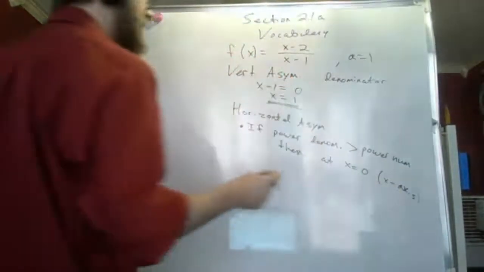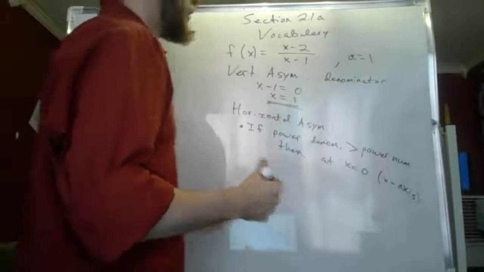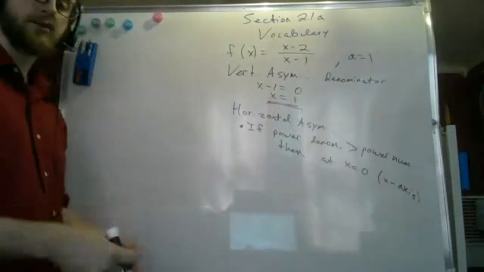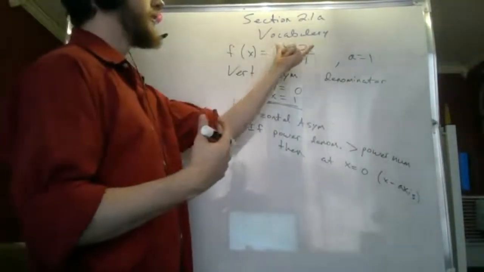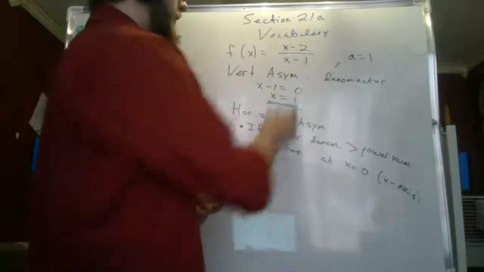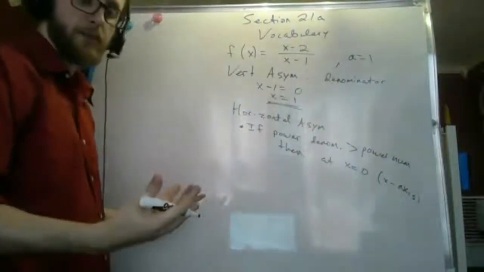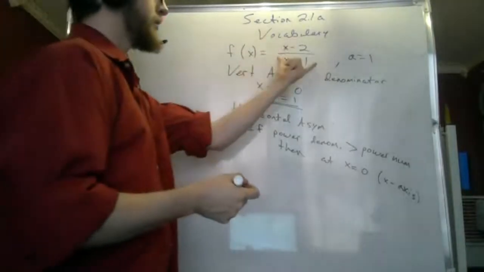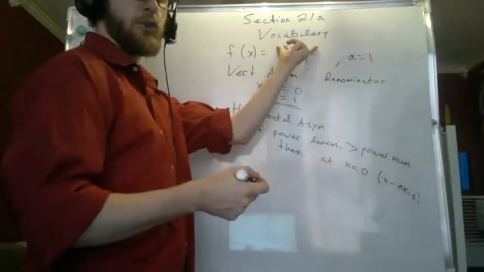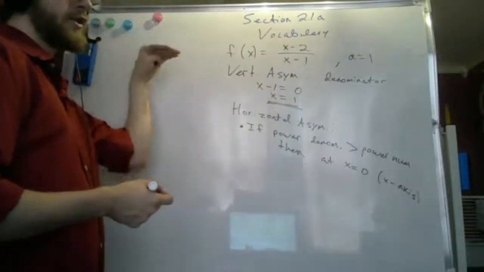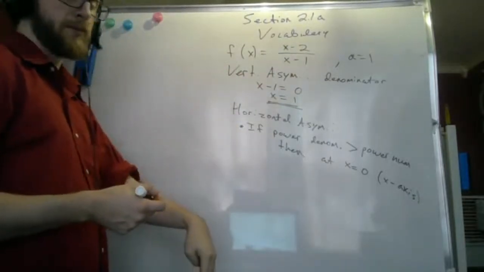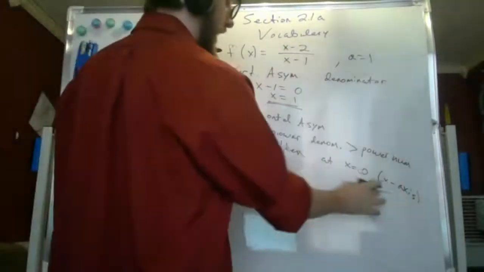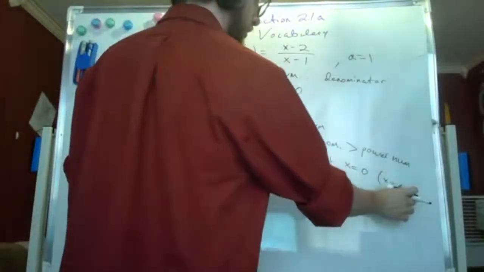And that's because if the denominator has a greater power, then the denominator is going to be increasing much faster than the numerator. If you're dividing by a bigger and bigger number, then over time you're going to tend towards 0. And so that's why we have a horizontal asymptote there at 0, the x-axis.